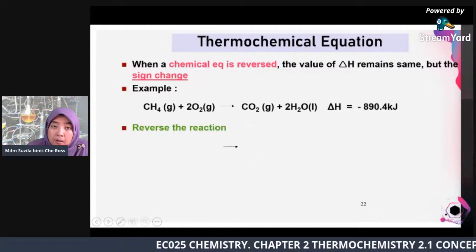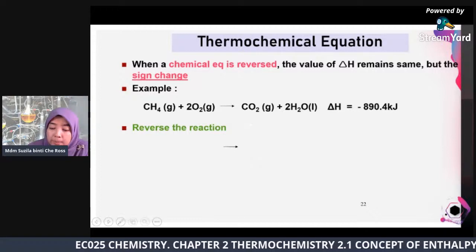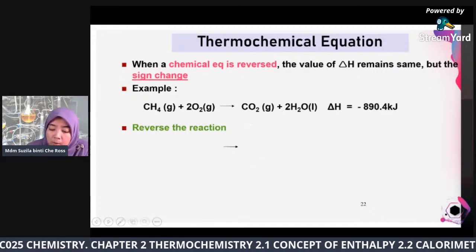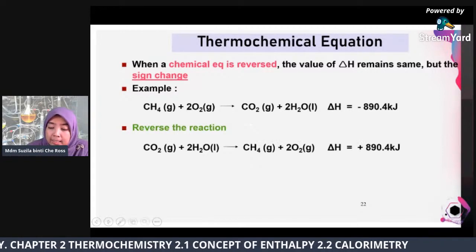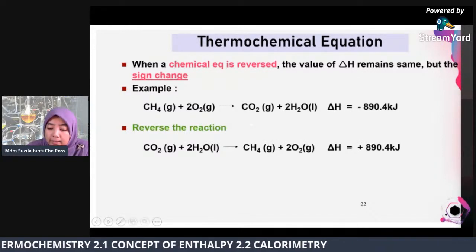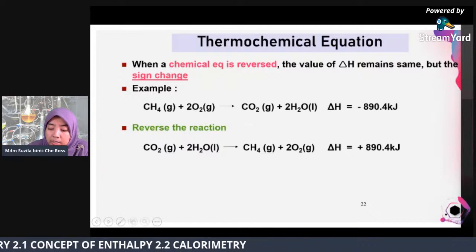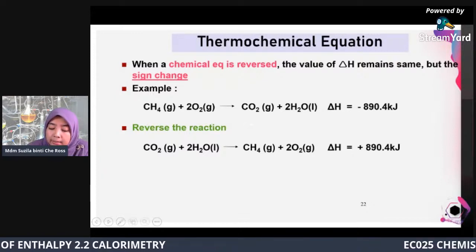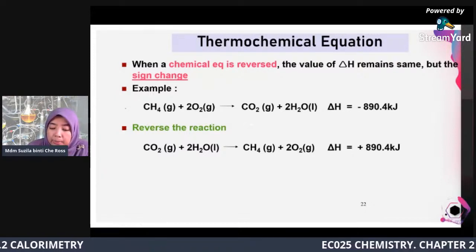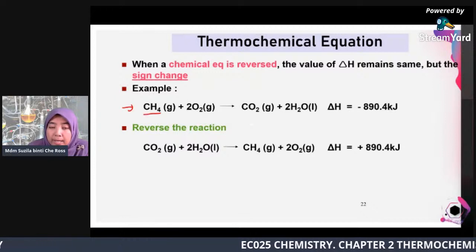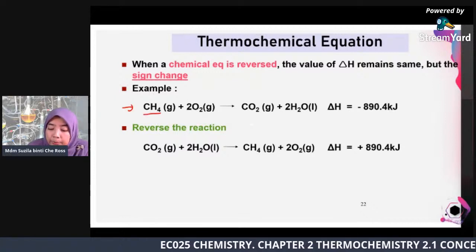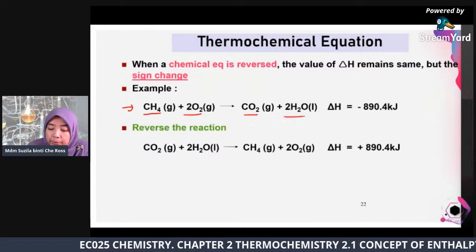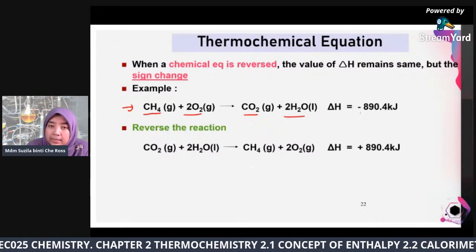So the special thing about a thermochemical equation is that we can calculate another reaction related to the thermochemical equation given. For example, here we have methane reacting with oxygen to produce carbon dioxide and water. Delta H given is negative.